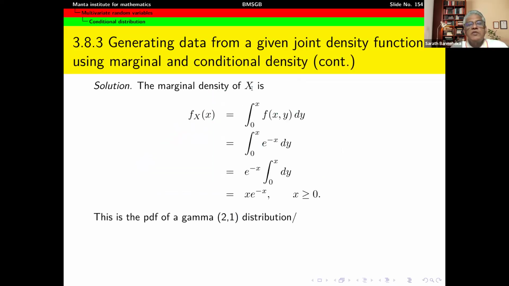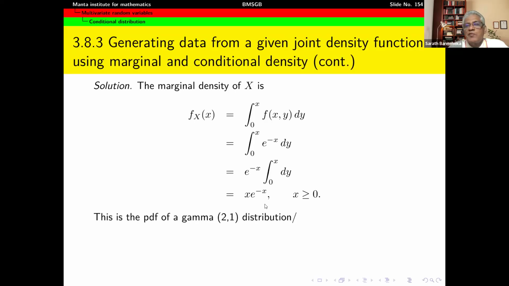So the marginal density function of x is given by this integration of the joint density with respect to y from 0 to x, and this is what we get. This is x times e to the power minus x for x greater than or equal to 0, right? So this is for a given x, right?